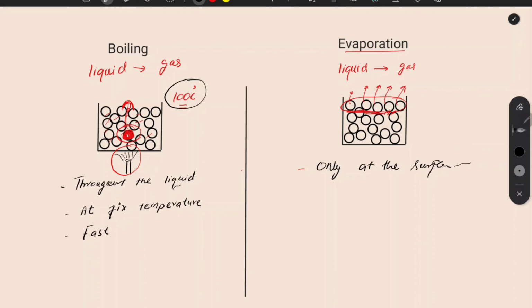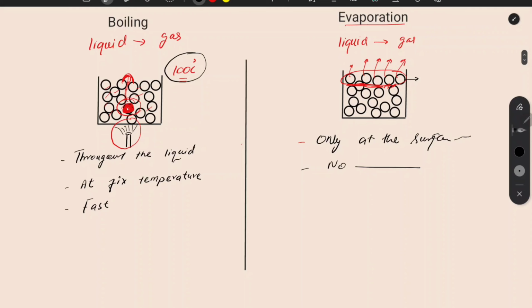But for evaporation, once these particles absorb enough energy, they will evaporate. So there is no need to provide that high temperature or fixed heat. You can simply heat this liquid at any temperature. That is why there is no need for a fixed temperature for evaporation.